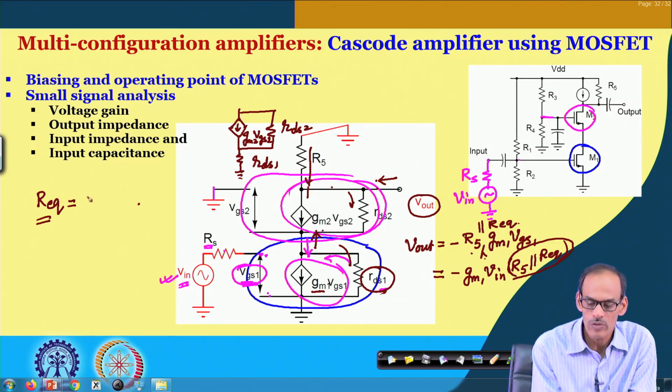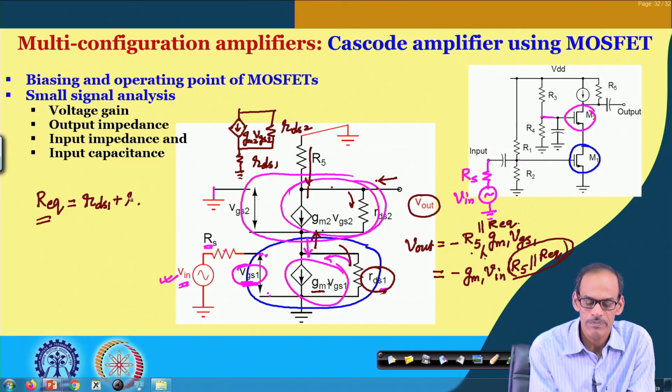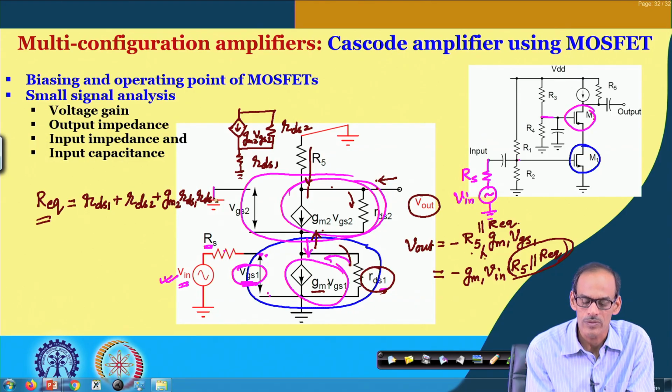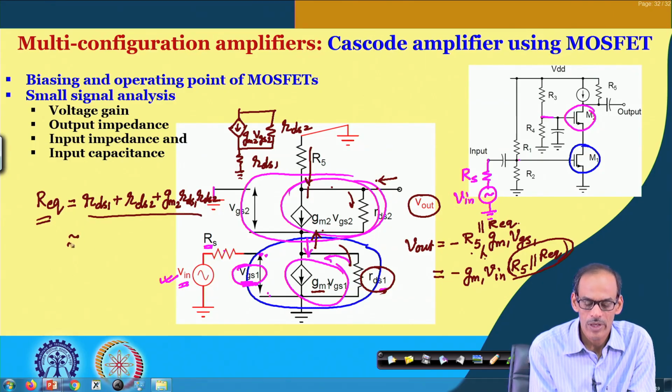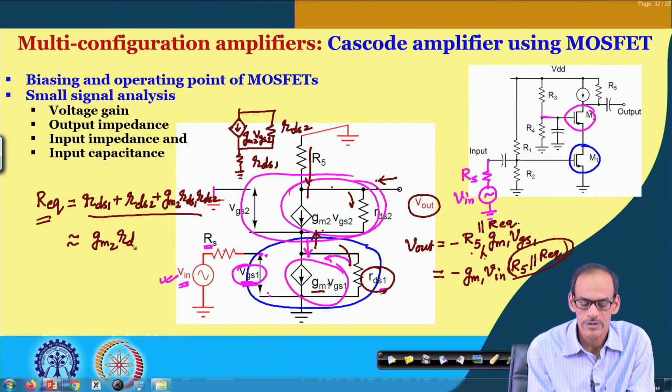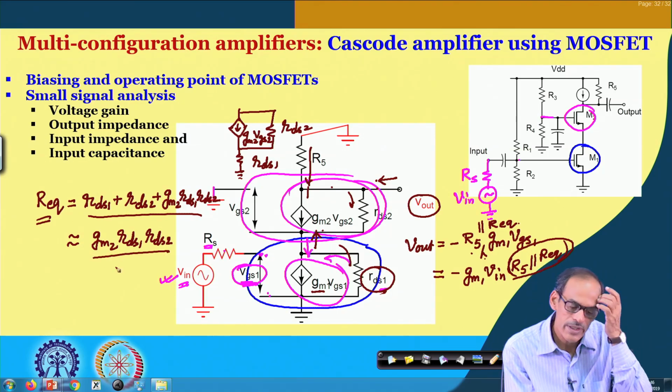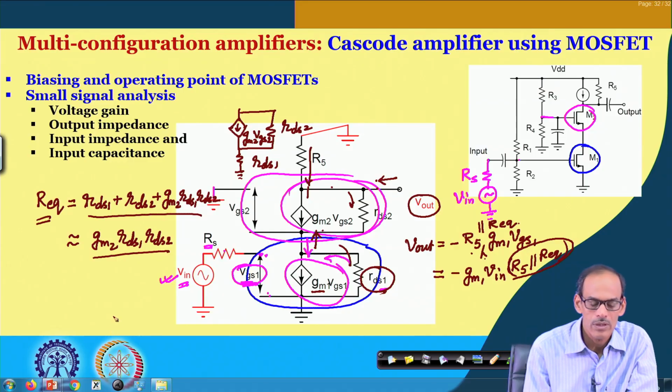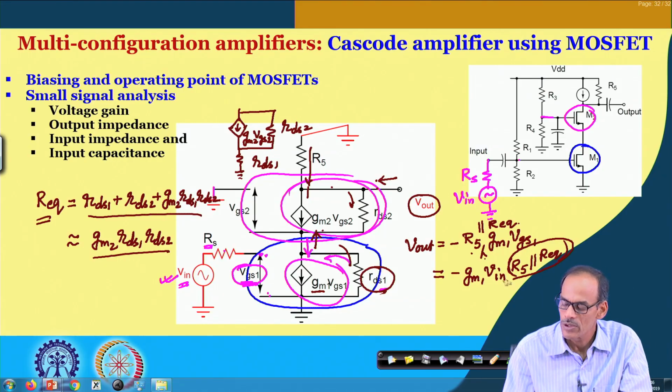So, we can say this Requivalent is RDS1 plus RDS2 plus gm2 RDS1 multiplied by RDS2. That can be well approximated by the last term, namely gm2 RDS1 into RDS2. So, this resistance is quite high. So, that may give very good gain.